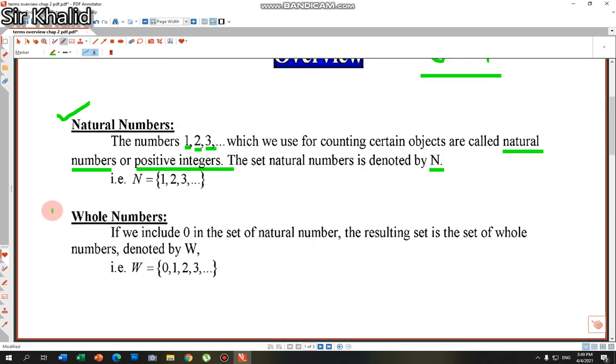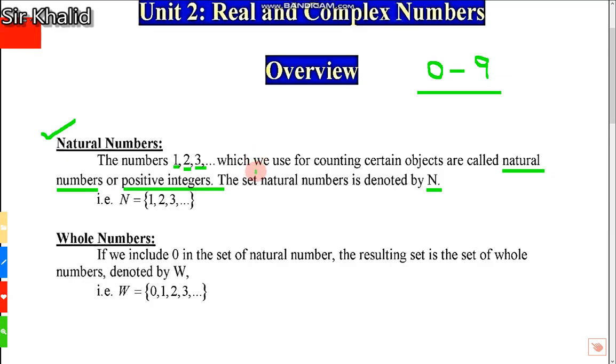Second one, whole numbers. If we include 0 in the set of natural numbers, the resulting set is the set of whole numbers, denoted by W. What does it mean?